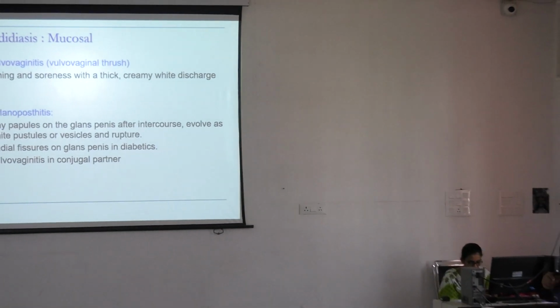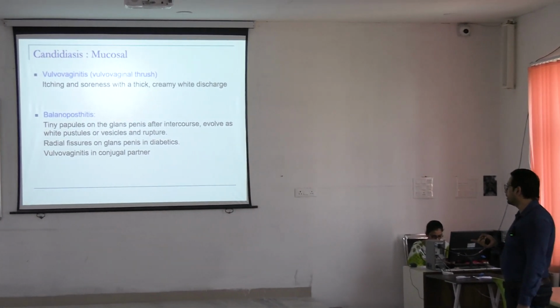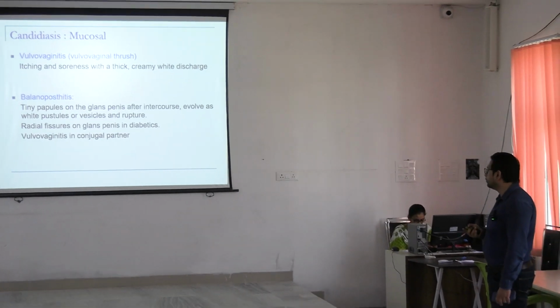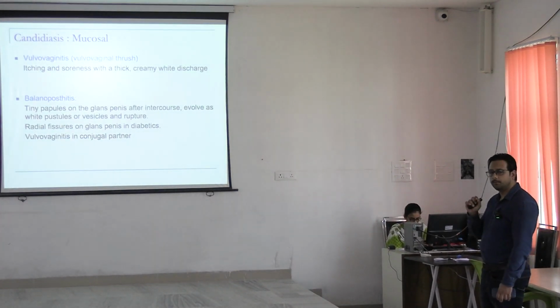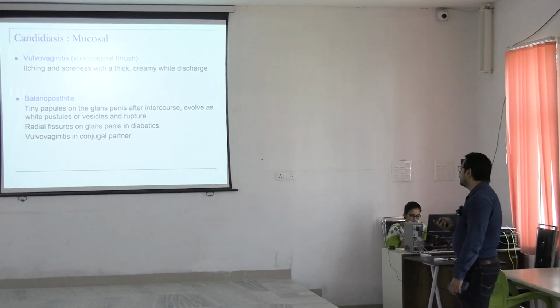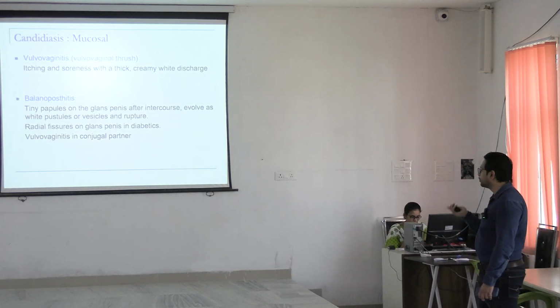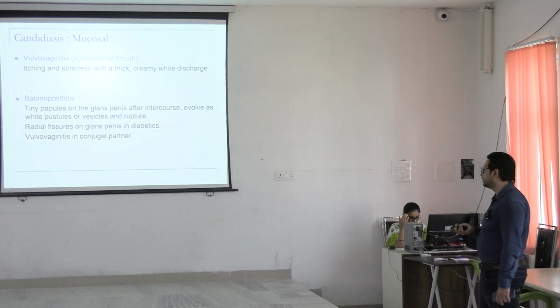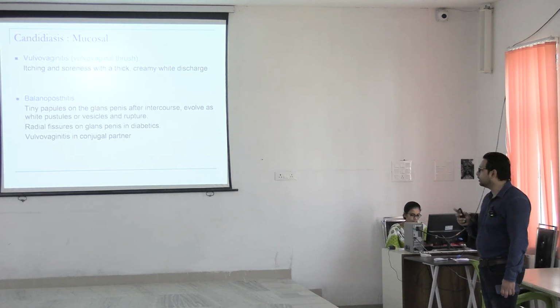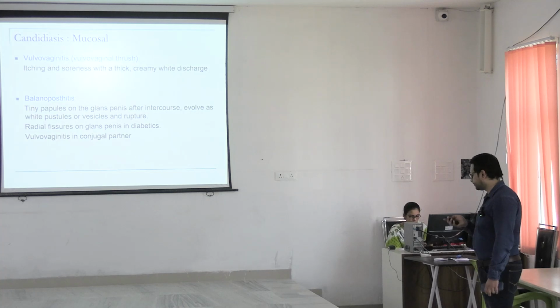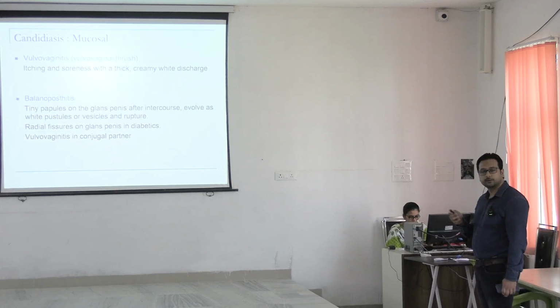Diabetic people are mostly affected. When you see balanoposthitis, always order a blood sugar test. And when you see vulvovaginitis, also order a blood sugar test. So Candida is a very common infection in the genital area, and it can also be transferred sexually.